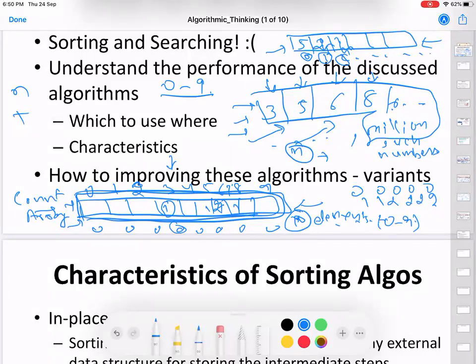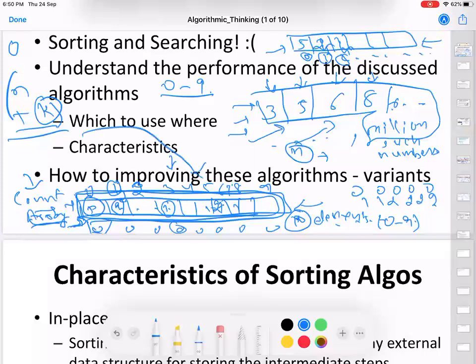I went through the 0th element and repeated this value; say if this count was p, I repeated the value 0 p times. Similarly, I repeated the value 1 q times. So while displaying the sorted order, I just went through this count array, k times. So the total complexity of this algorithm is order n plus k. And k is actually a very small number, which is just 10. So the complexity would be order n.